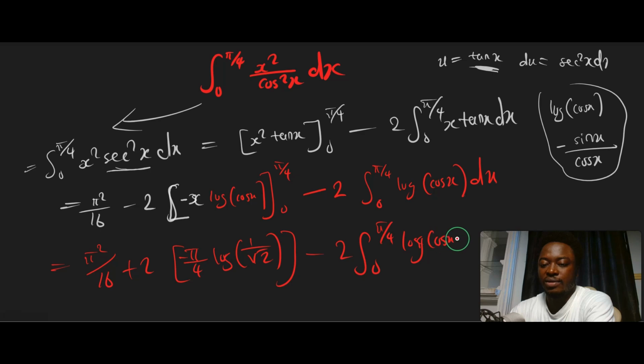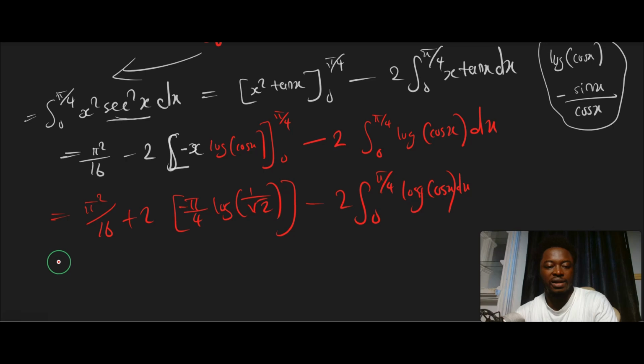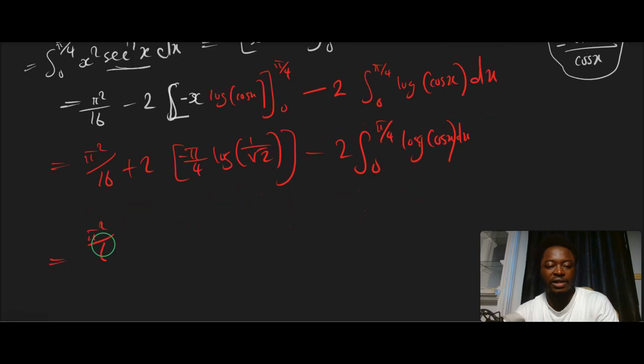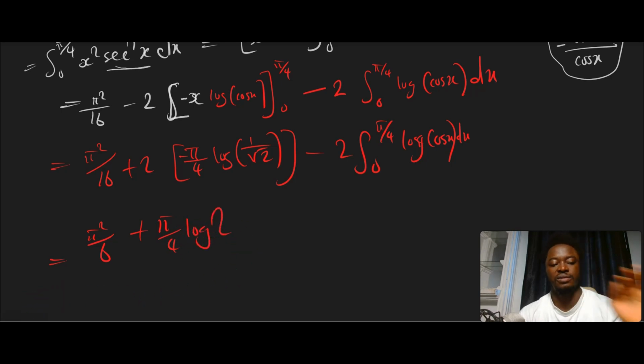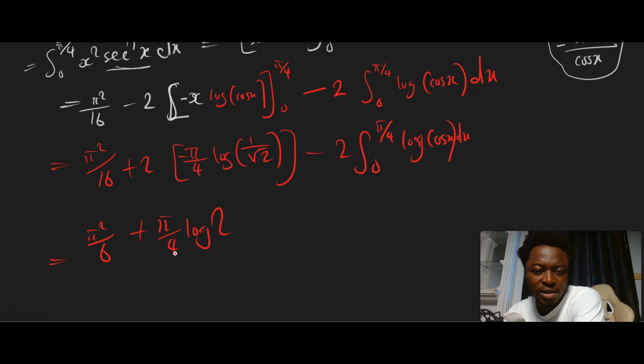But before we get back to this, let's first iron things out over here. This is going to be pi squared over 16, and then negative 1/2 times the logarithm of 2 gives pi over 4 log 2, with a minus in front, so this is supposed to be a minus pi over 4 log 2.